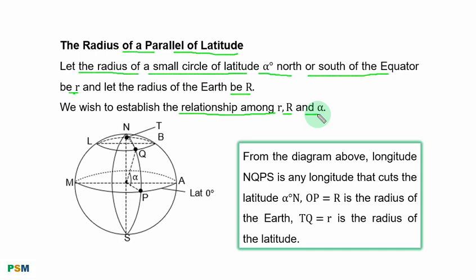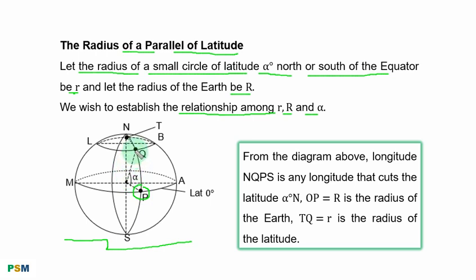We have the earth as a sphere in this form. You have the equator, latitude 0 degrees. Then we have the small circle up the equator. We have point P and Q. This point P is latitude 0 degrees.